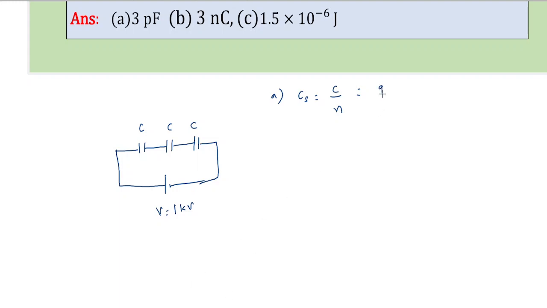So it will be 9 into 10 power minus 12 by 3. Therefore, the effective value would be 3 into 10 power minus 12, which is the same as 3 picofarad.